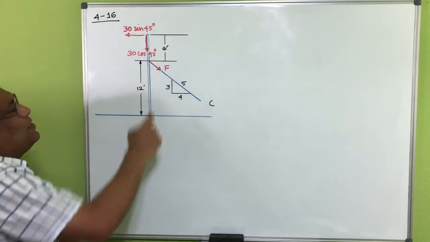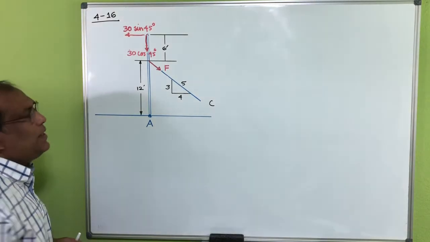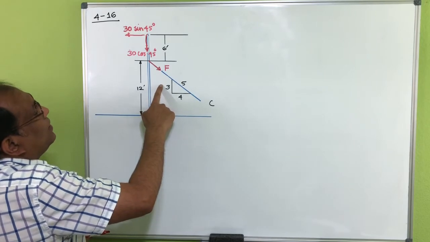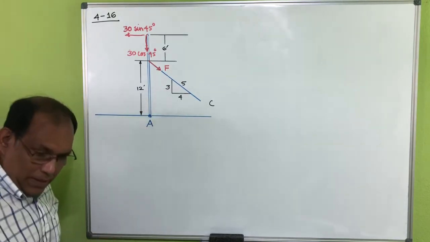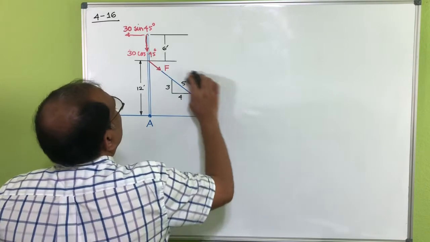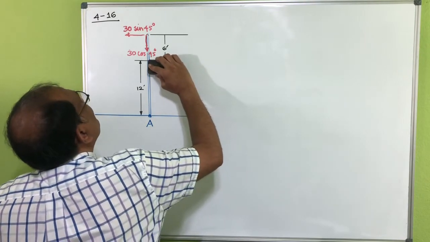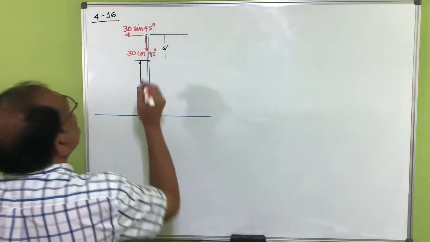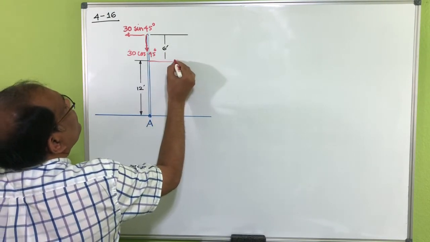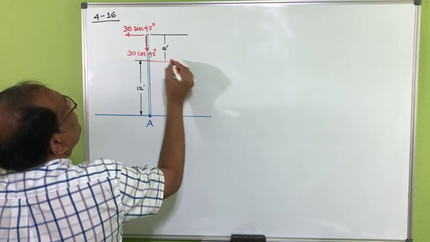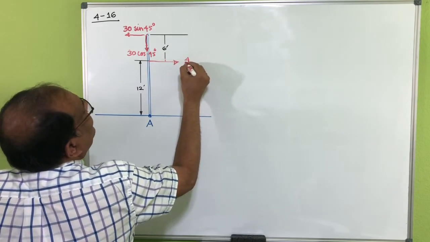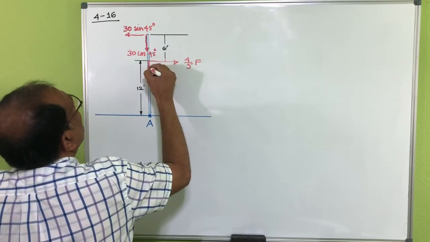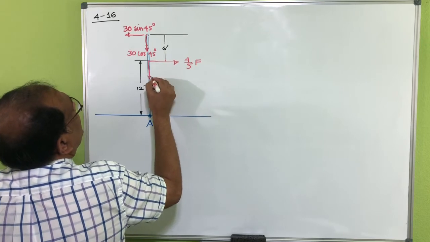Similarly, I can resolve that force into two components, right? The horizontal component would be 4/5 and the vertical component would be 3/5. So that's 4/5 of F, and this one is 3/5 of F.